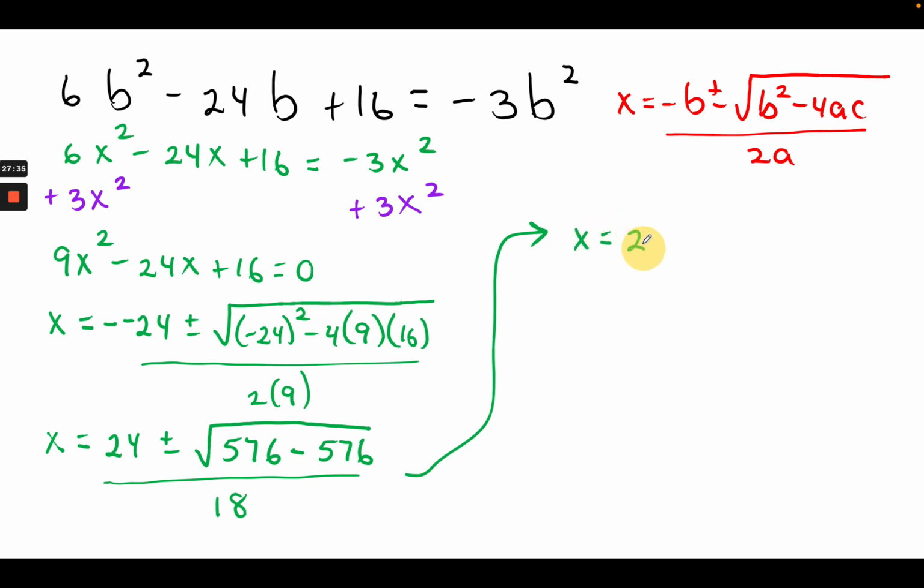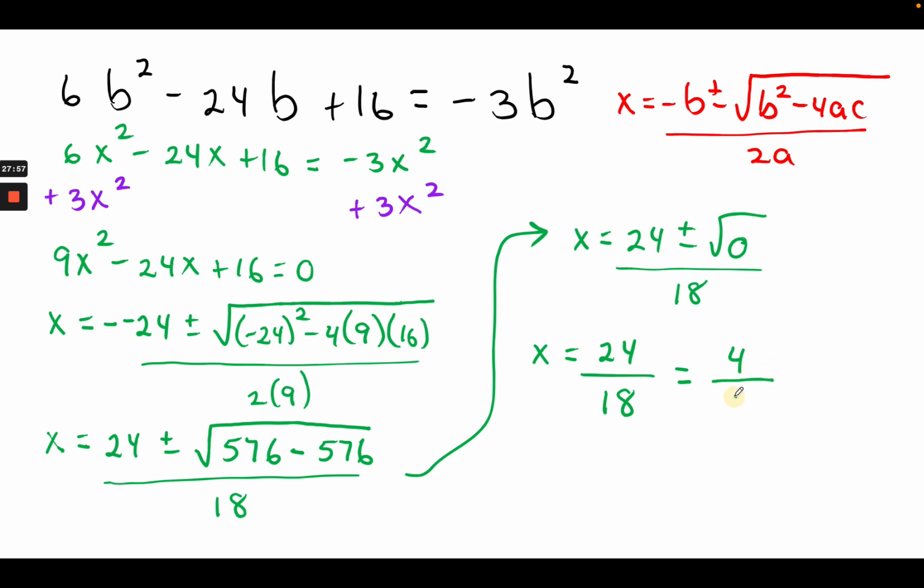So x equals 24 plus or minus the square root of 0 over 18. So we get x equals 24 over 18. So 6 goes into 24 4 times. 6 goes into 18 3 times. So there's our answer.